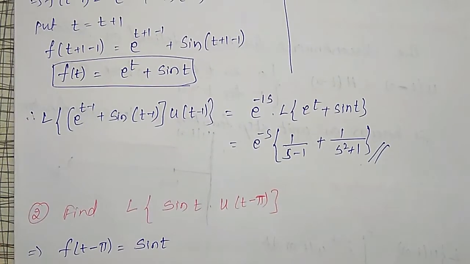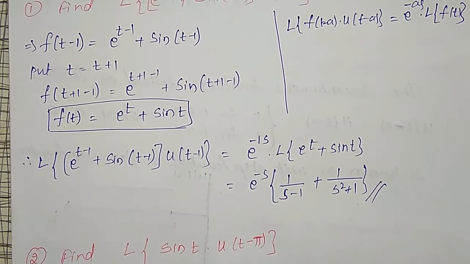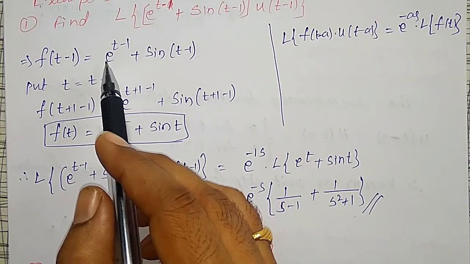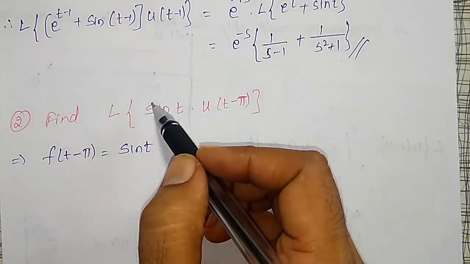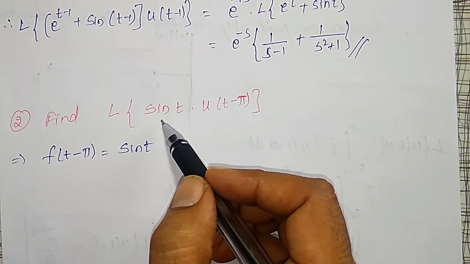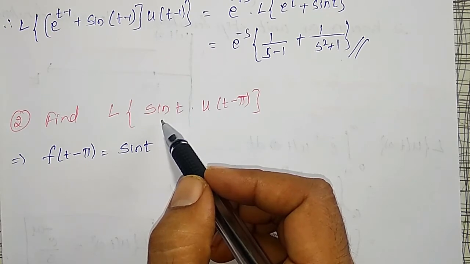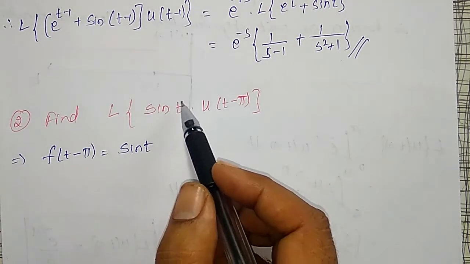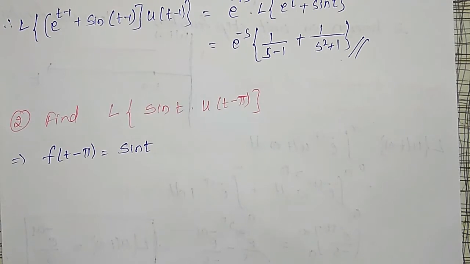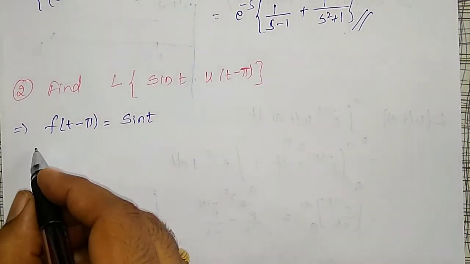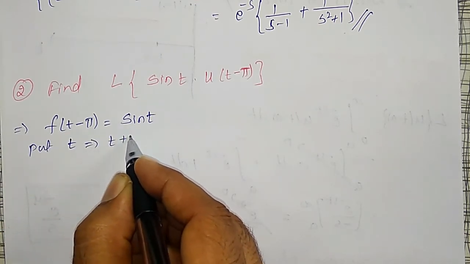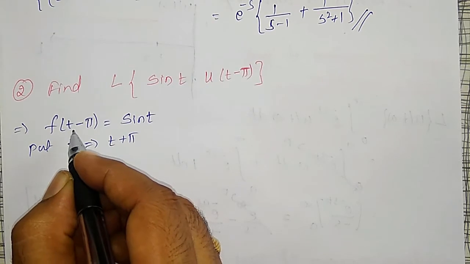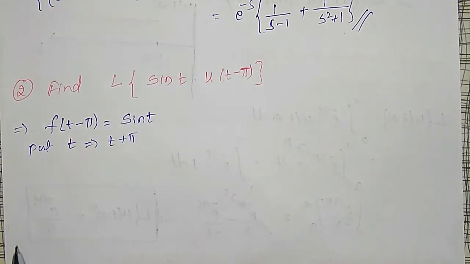Whereas in the previous example, f of t minus a equal to e to the power t minus 1 plus sine t minus 1 was given, but here in this next example it is only sine t. Don't get confused. I want to find f of t from this. F of t minus pi itself is equal to sine t, but I want f of t. To find that, put t replaced by t plus pi.